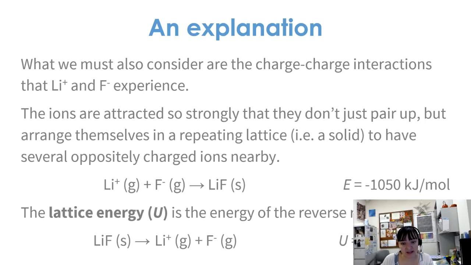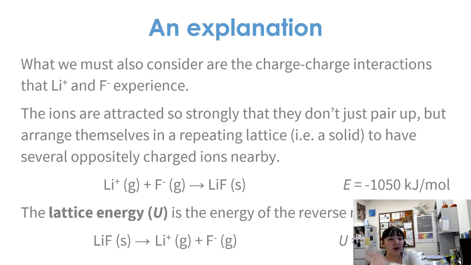That is how you get the lattice energy. So the lattice energy itself is the reverse of this coming together process. Lattice energies by default require a lot of energy, because to break apart your crystal structure you're going to put a lot of energy into that. That's what's represented here as U.